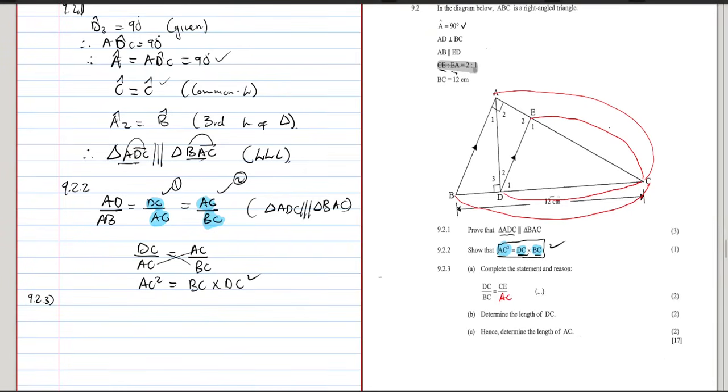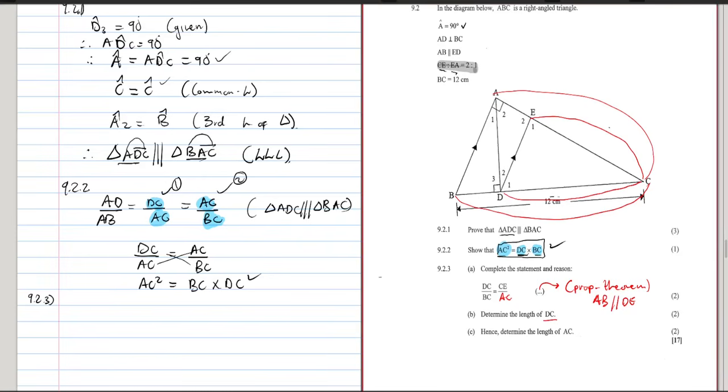What's the reason? The reason is the proportionality theorem. That is the reason, due to the fact that AB is parallel to DE, like that.